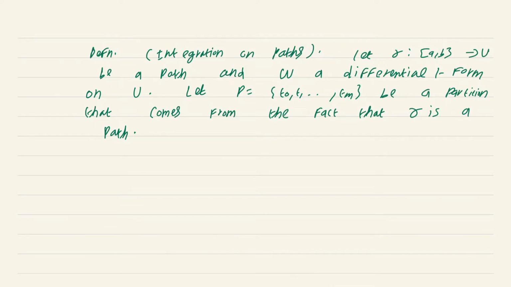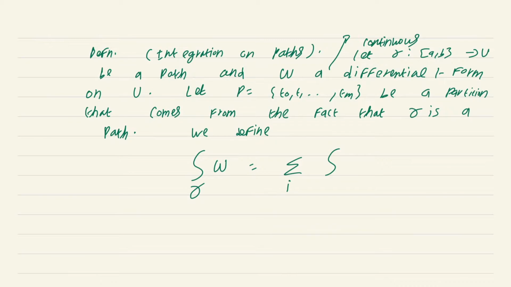Okay, we define the integral of this continuous differential form omega to be the summation over i of the integral over gamma restricted to [Ti minus 1, Ti] of omega.